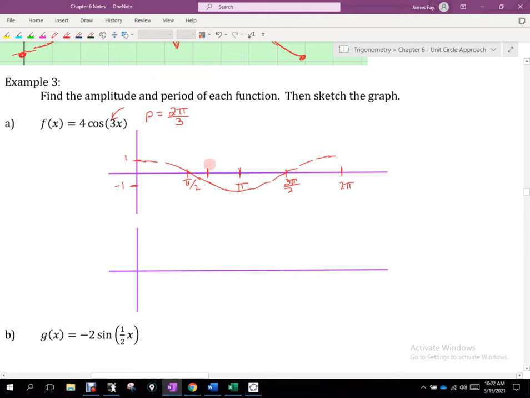Okay with everybody? So just to keep things to scale, so you can see the comparison here, I'm going to make 2 pi over 3 right there. Because we're establishing the x-axis ourselves, we could really put it anywhere we wanted to. So I put 2 pi over 3 and lined it up with 2 pi on my first graph.